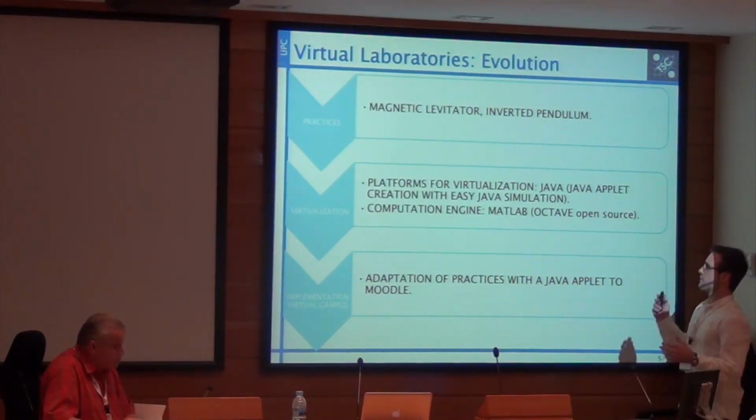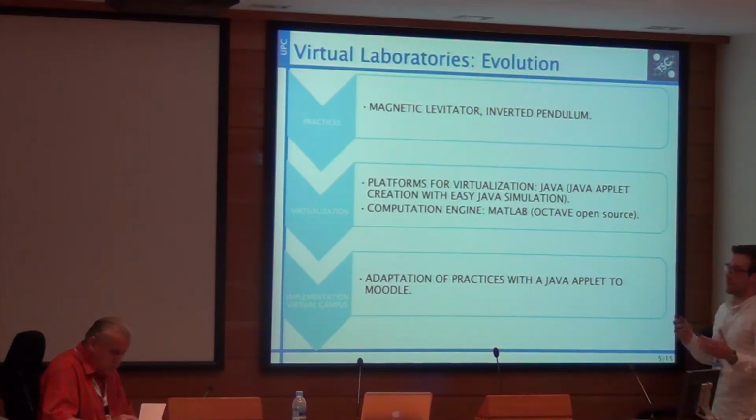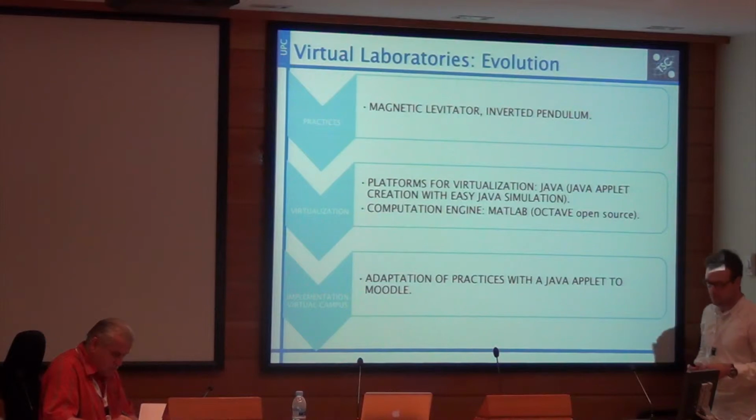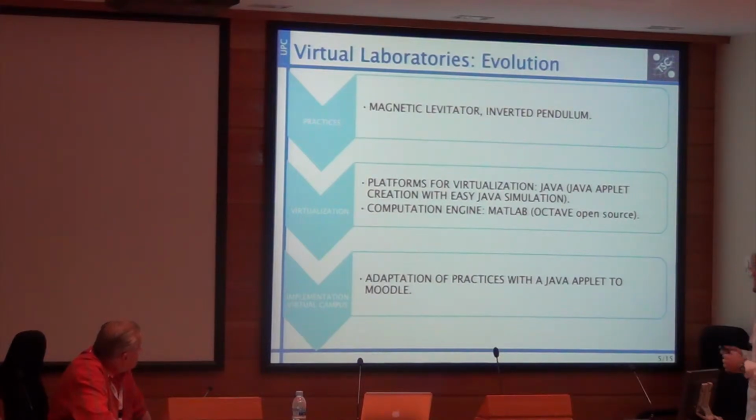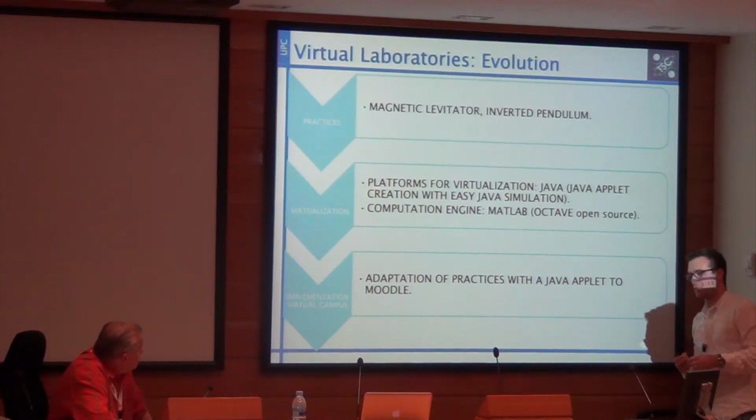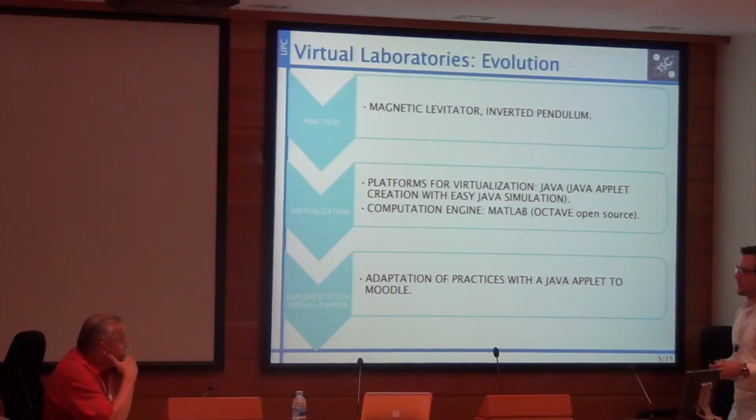That's our evolution. First we have physical practices to do. One is the magnetic levitator and the other is the pendulum. So we start to work on the virtualization of these two physical experiments with a free software tool named Easy Java Simulations. That is software that makes it easy to program in Java applications that need a graphical interface.